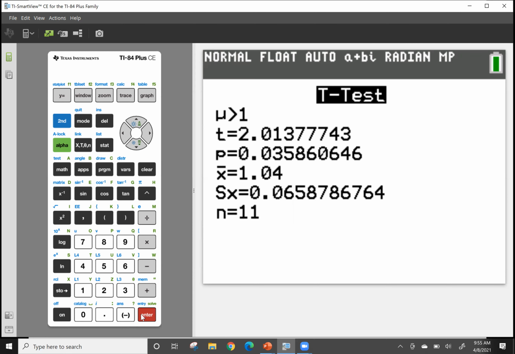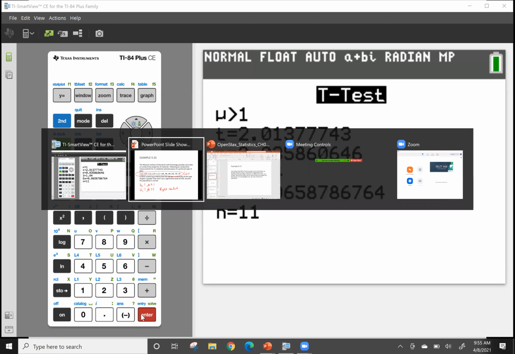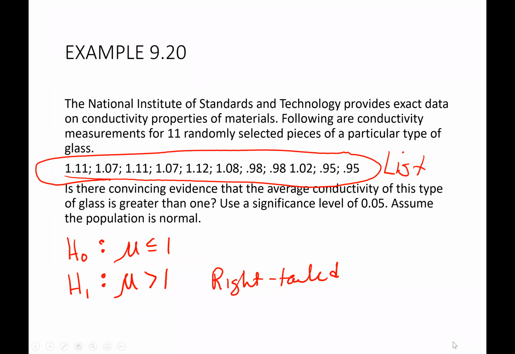Okay, so my p-value is 0.0356. And I want that p-value because that's what I'm going to compare to my alpha. So we got p, and now we're going to compare that to alpha.